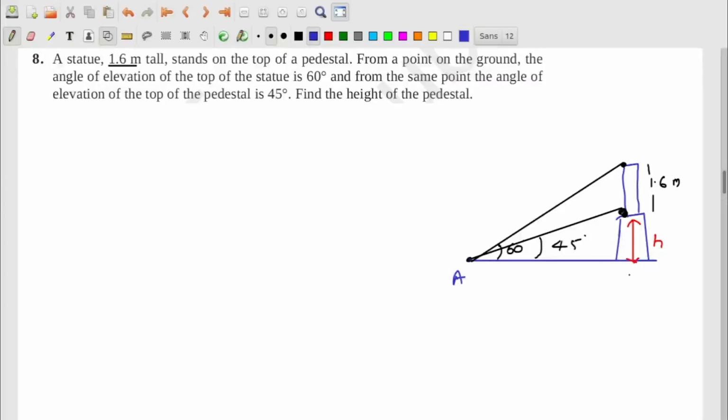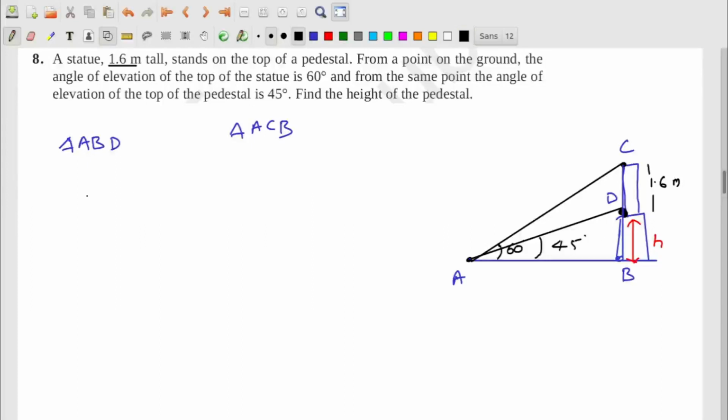Let me take this point as A and this point as B, and if you take just a straight line, this will be your point C and this is your point D. Okay, so now what are the triangles we got? First one is triangle ABD, and we have one more triangle here, that is ACB, triangle ACB.